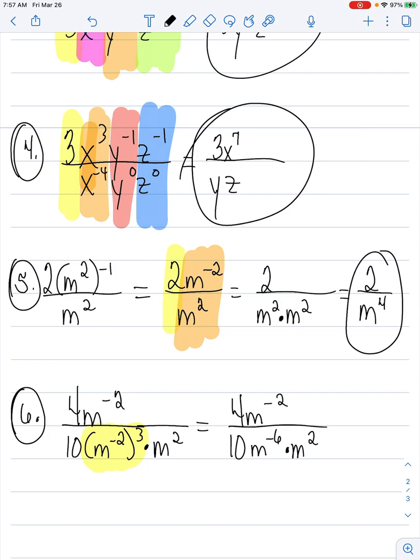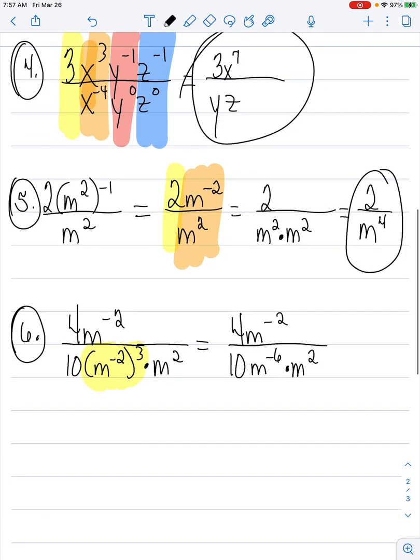The next thing I notice is I've got some negative exponents I can flip. So I'm going to do that. 4 over 10. So m to the negative second power comes to the bottom to make it m to the second. M to the negative 6 goes to the top to make it m to the 6th.